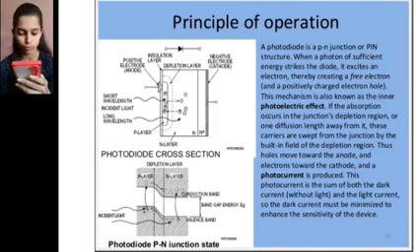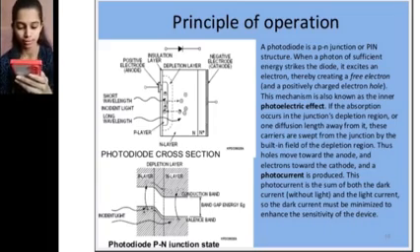Thus holes move towards the anode and electrons towards the cathode, and a photocurrent is produced. This photocurrent is the sum of both the dark current, without light, and the light current, so the dark current must be minimized to enhance the sensitivity of the device.